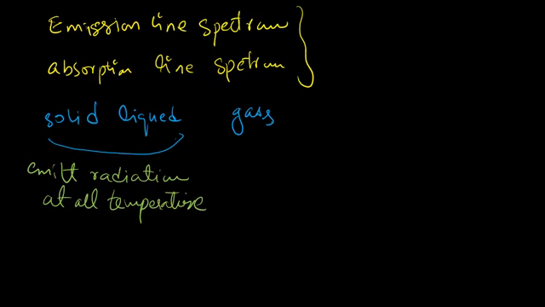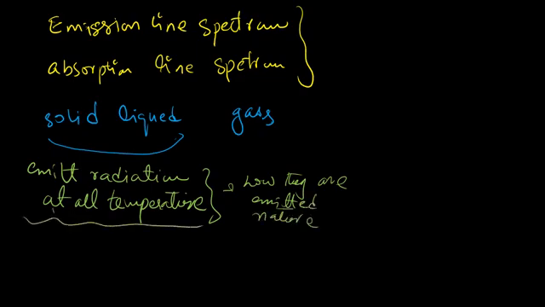Planck tells us that liquid and solid phases emit radiation at all temperatures, without reference to their origin, how they are emitted, and what their nature is. In this case we have the collective behavior of the radiation.